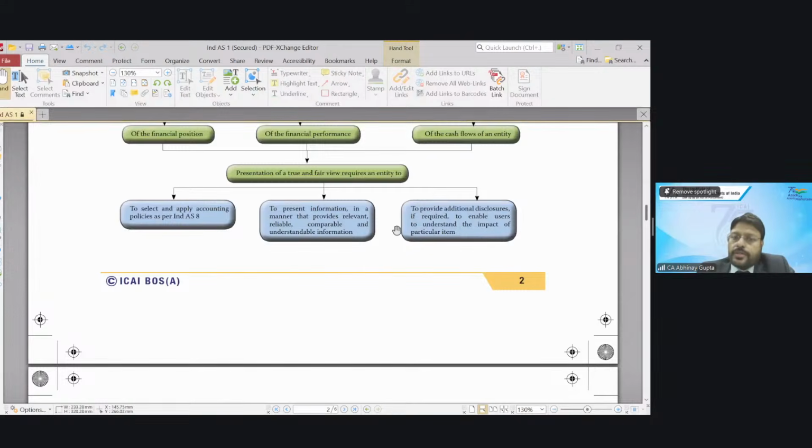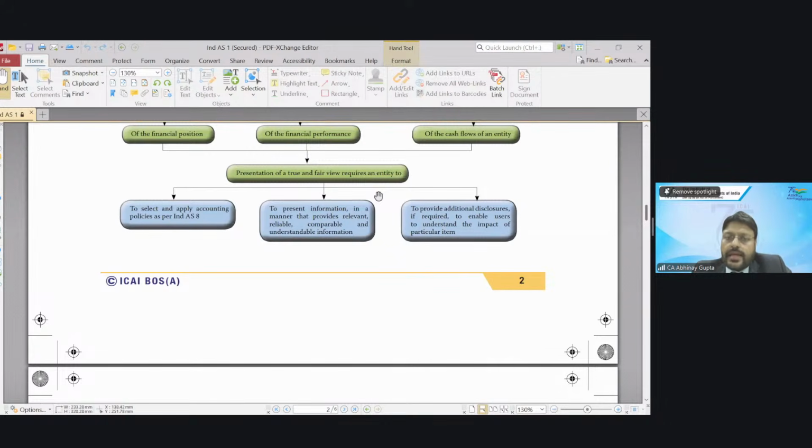To present the information in a manner that provides relevant, reliable, comparable and understandable information, we should be preparing the financial statements and presenting them neatly, so that users of the financial statements will be able to comprehend them.